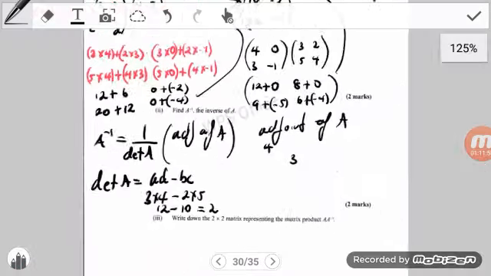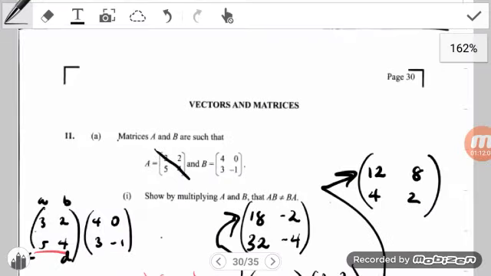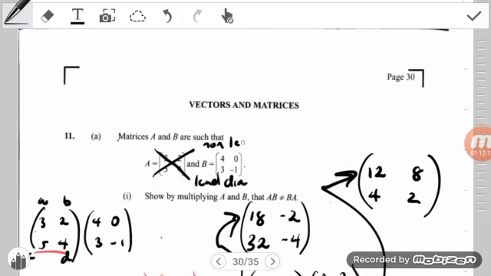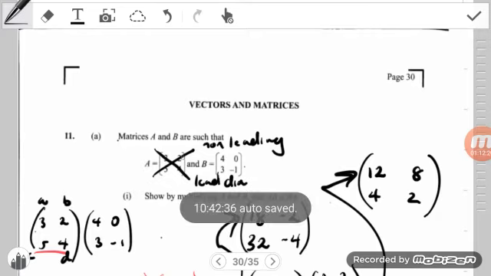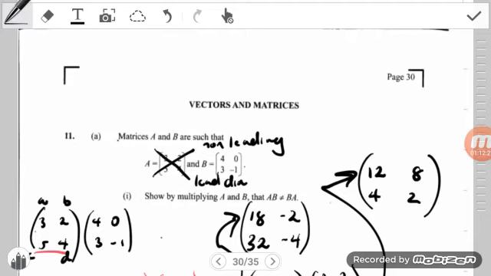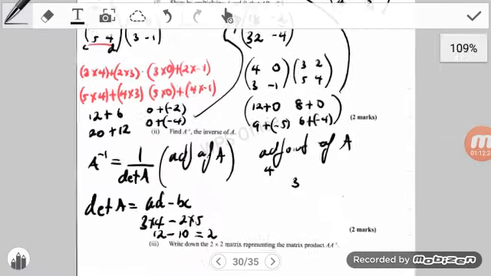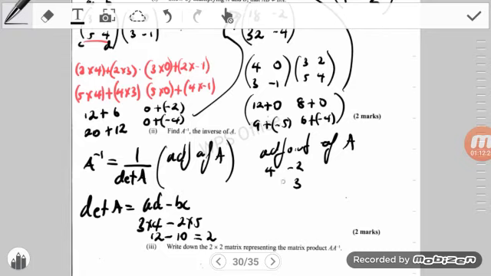And then you're going to change the signs of the non-leading diagonal. So you change the signs of the non-leading, and you switch the positions of the leading. So 2 will become -2, 5 will become -5. And that's going to be your adjoint.